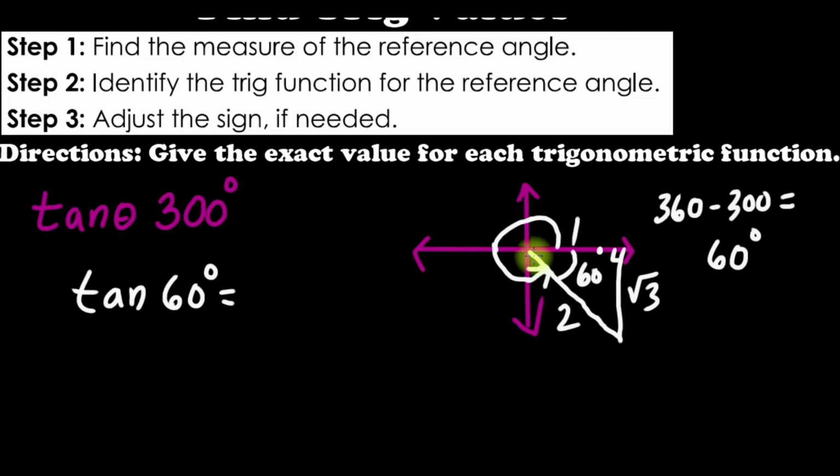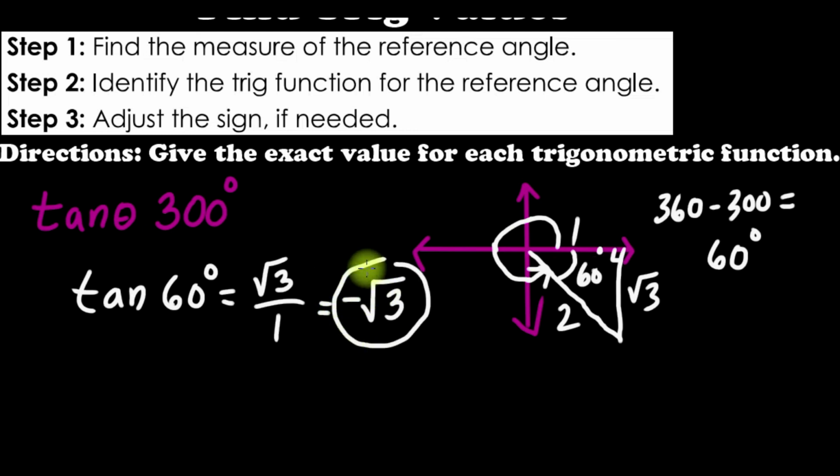Tangent is opposite over adjacent, so root 3 over 1, which is root 3. But because it's in the fourth quadrant, this is going to be a negative number. So tangent of 300 degrees is negative square root of 3.